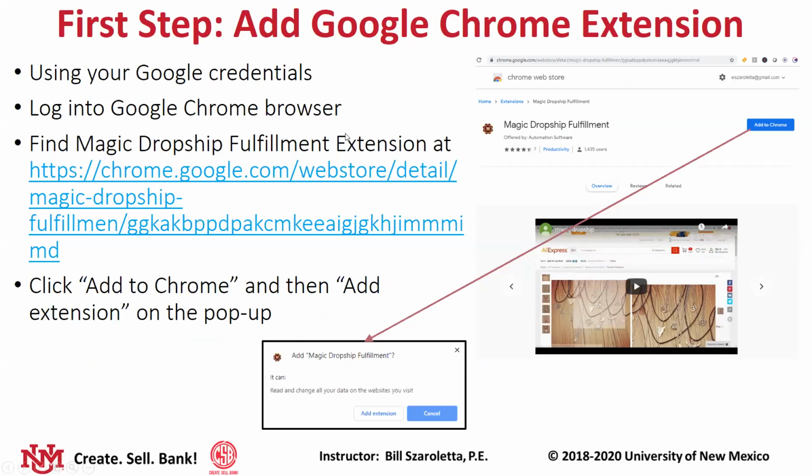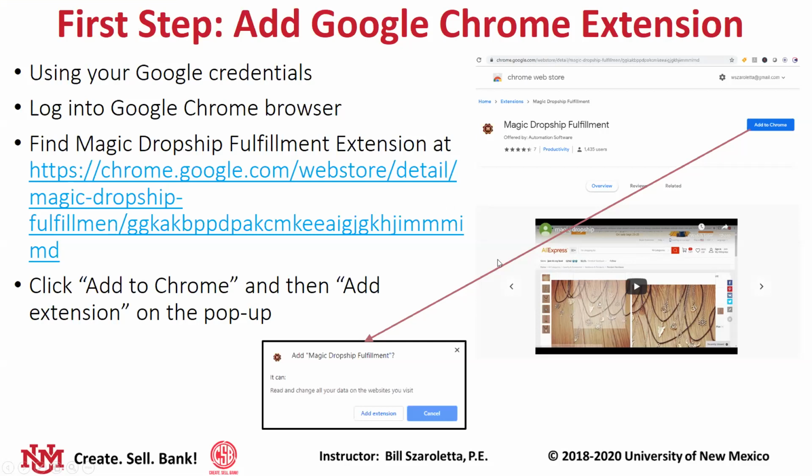So the first step is you need to add your Google Chrome extension. So you log in, you use your Google credentials. If you don't have them, go get them. And you log into the Google Chrome browser and you find the Magic Dropship Fulfillment extension at this link.